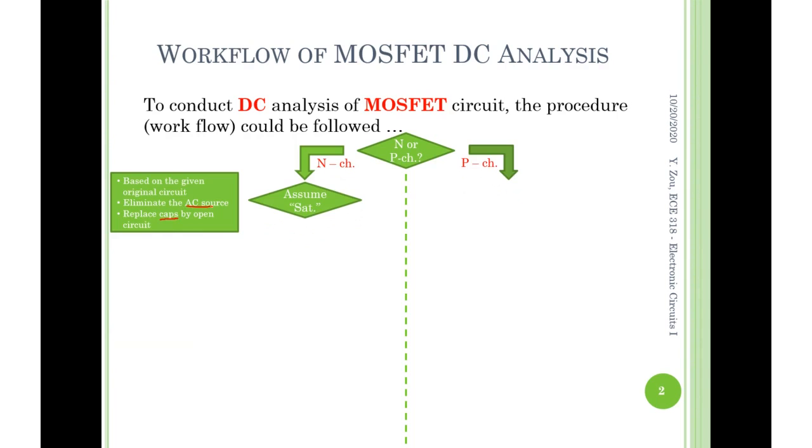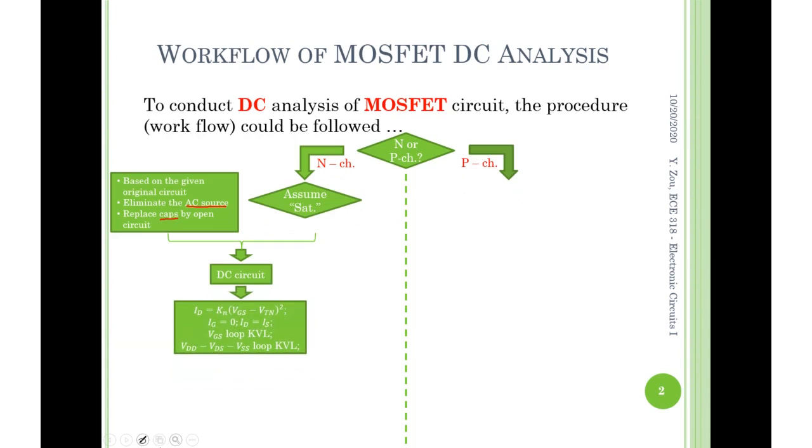And then assuming the saturation operation, go ahead. You have equations based on this DC circuit. These are the equations. I'm specifying them instead of pointing to a certain page of the slides. I'm listing them here.